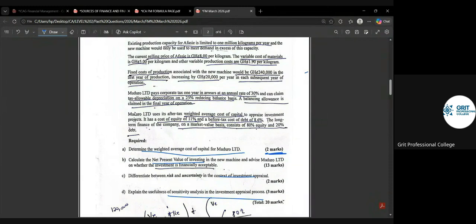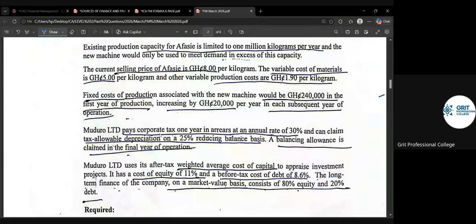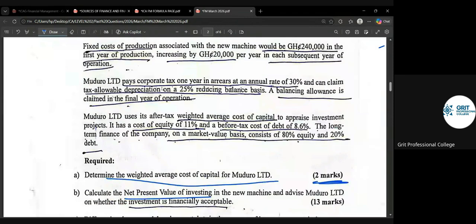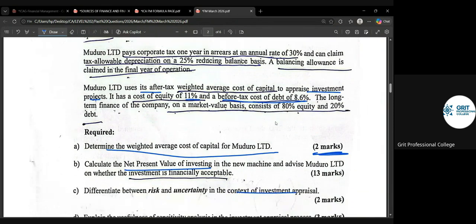Maduro Limited uses after tax weighted average cost of capital to appraise its investment projects. It has a cost of equity of 11% and a before tax cost of debt of 8.6%. The long-term debt finance of the company on a market value basis will consist of 80% equity and 20% debt. Calculate the WACC of Maduro.